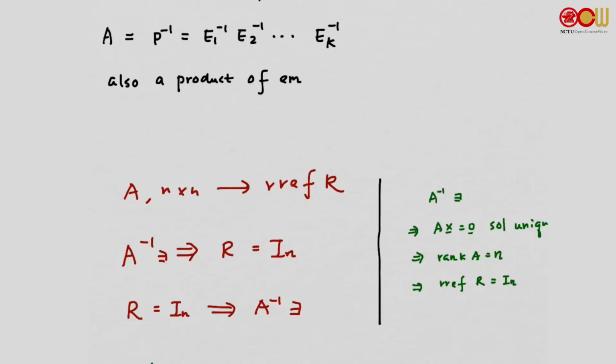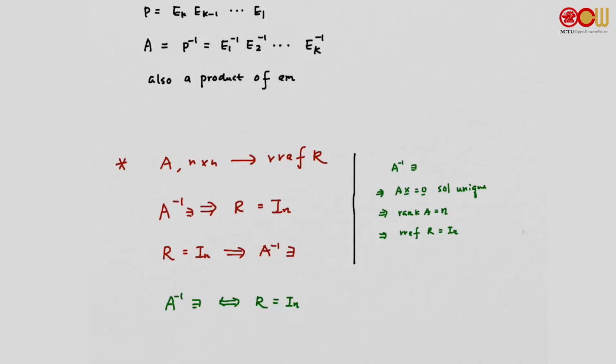So this is an if and only if statement: A is invertible if and only if the reduced row echelon form is the identity matrix. So this ties nicely the invertibility of A to its reduced row echelon form.